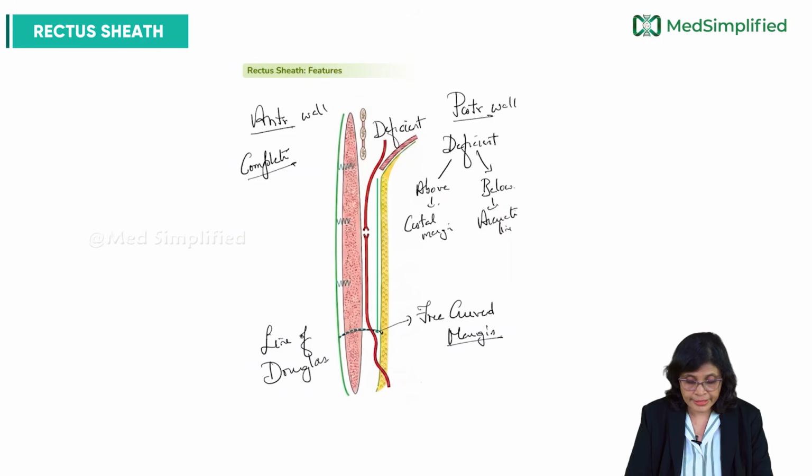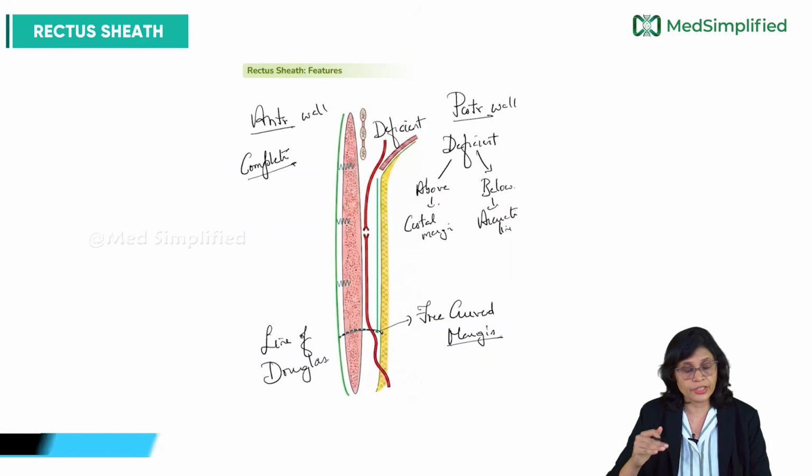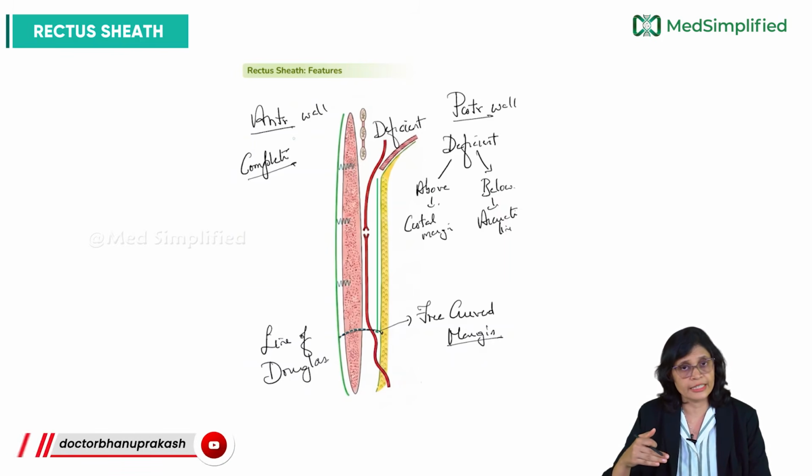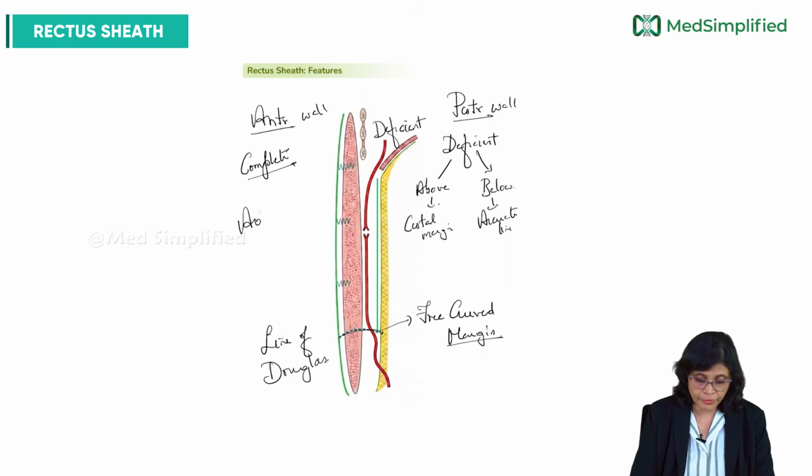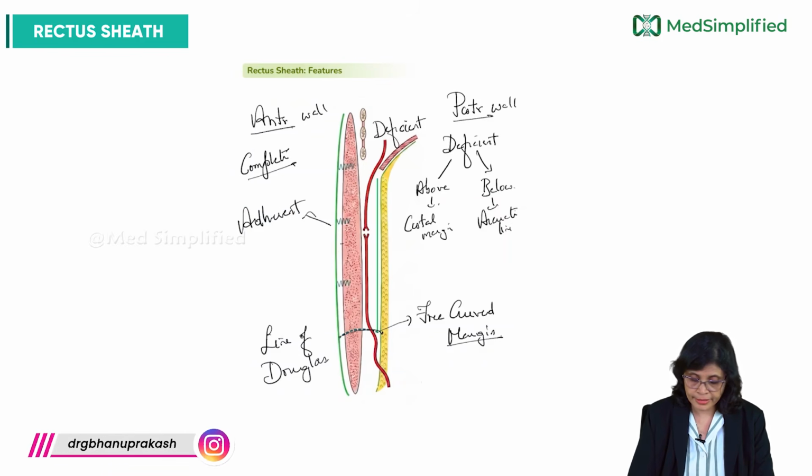These tendinous intersections run transversely between the fibers of the rectus abdominis muscle, and the anterior wall of the rectus sheath is adherent to the anterior surface of the muscle through them. Whereas the posterior wall is free.